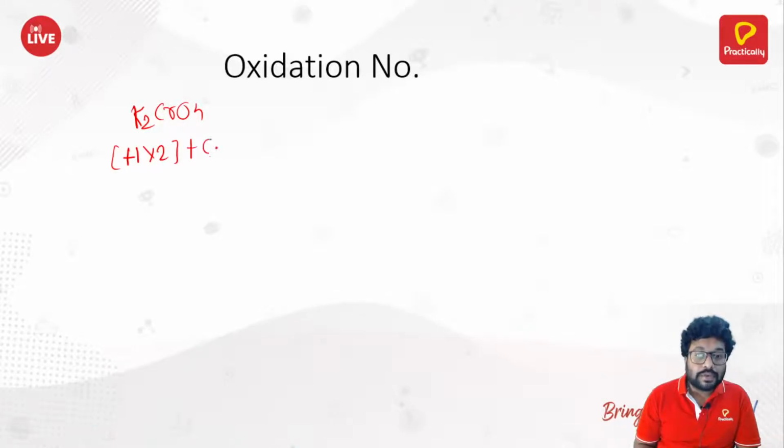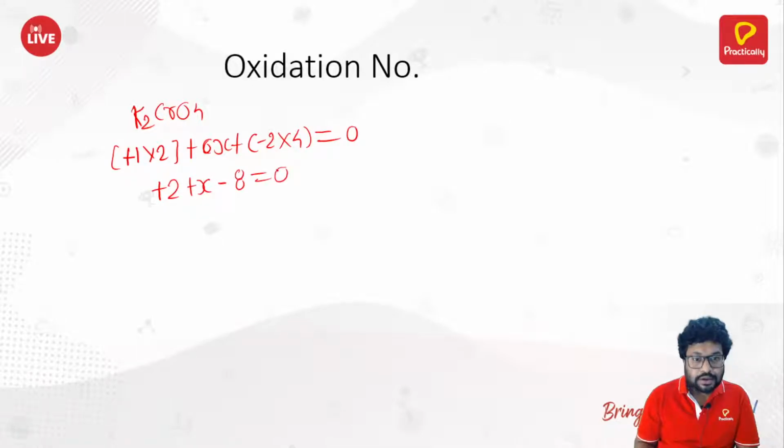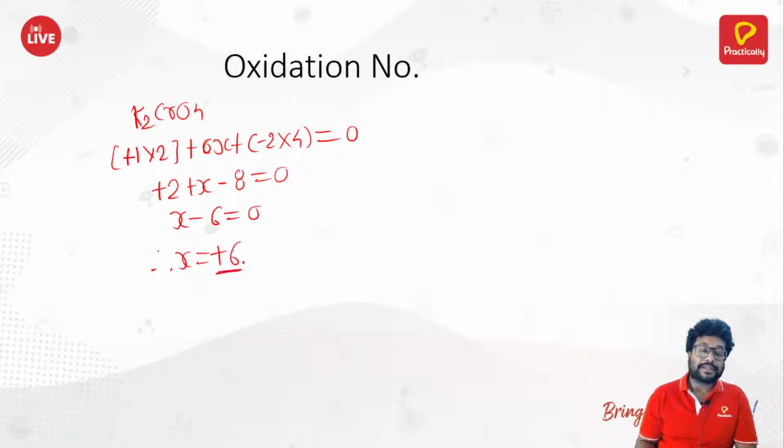Then plus chromium, again X. 4 oxygen, minus 2 into 4. Overall charge is 0. So plus 2 plus X minus 8 is equal to 0. 2 minus 8 is minus 6, so X minus 6 is equal to 0. Therefore, X is equal to plus 6.